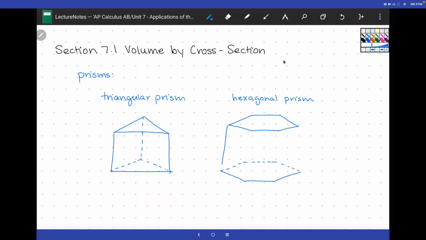And then we connect. Oh, that's not so great, but there we go. There's my fabulous hexagonal prism. Not. And we could keep going with this, but I think we get the gist.